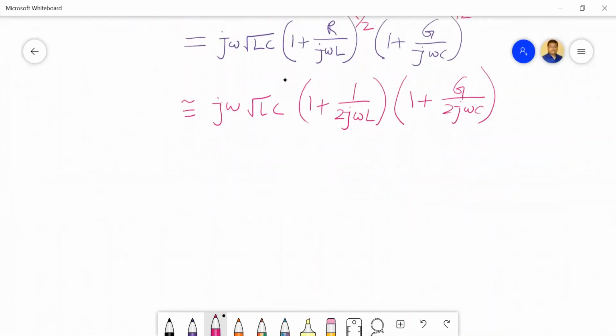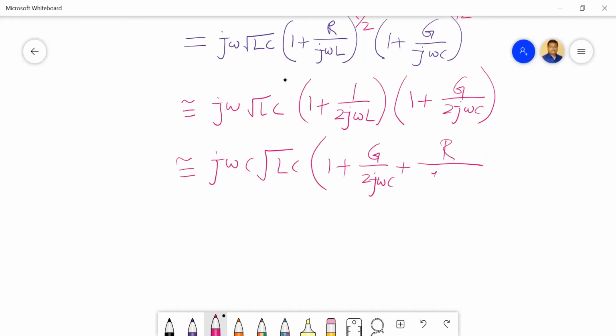If you do the multiplications and rearrangement, finally you get j omega under root LC times (1 plus G over 2j omega C plus R over 2j omega L plus RG over 4j square omega square LC).